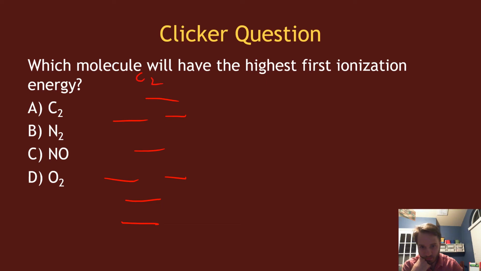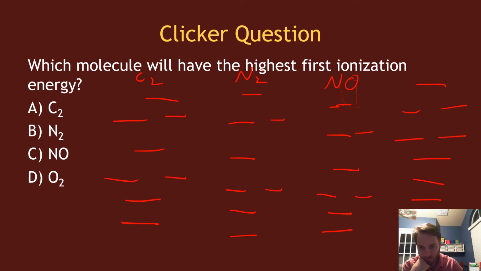So we've got C2. N2 is going to look the same type of MO diagram. NO is going to have the same type of diagram, and O2 as well. So C2, I have a total of 8 valence electrons.